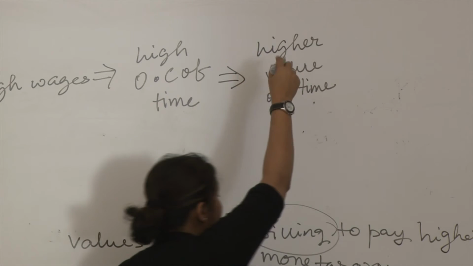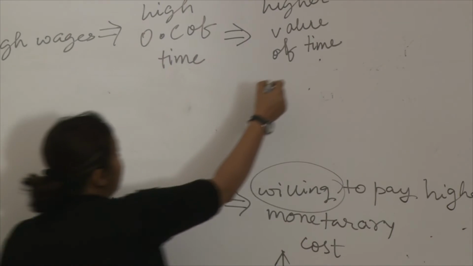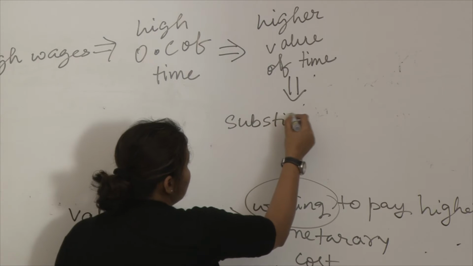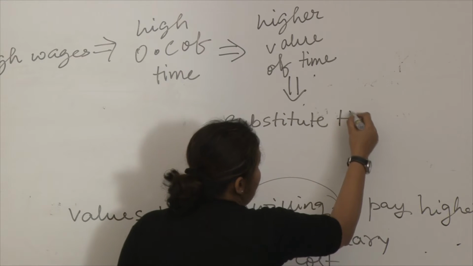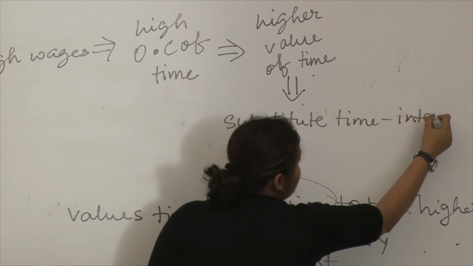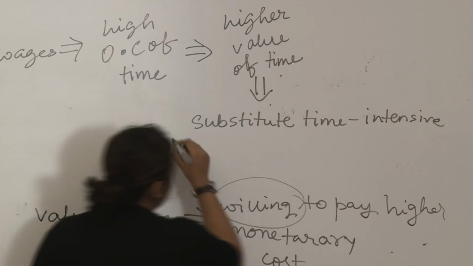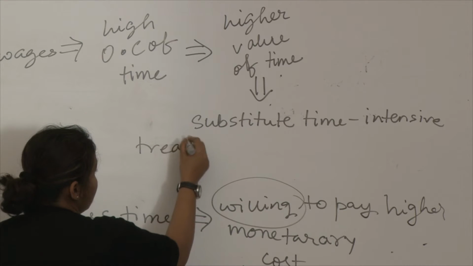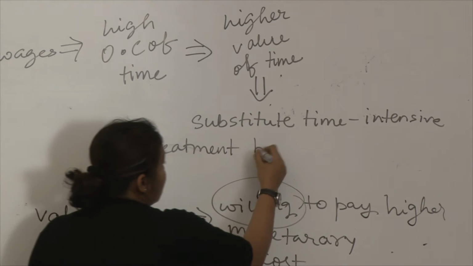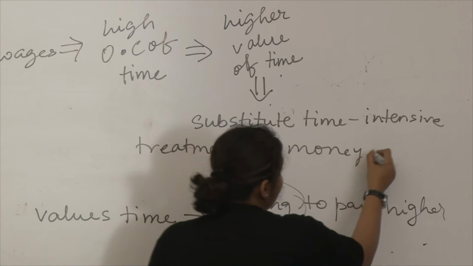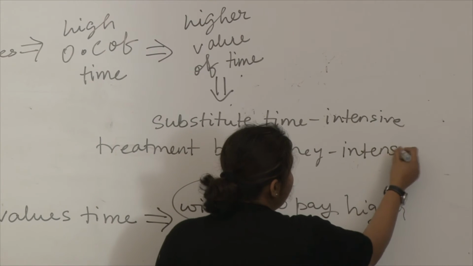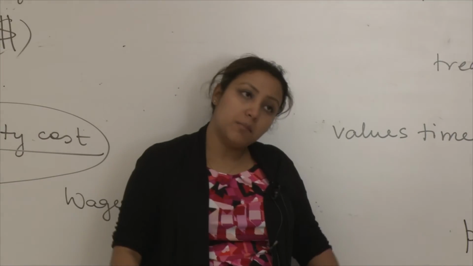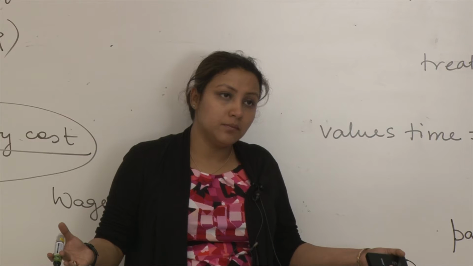And if someone values time more, then he will substitute time intensive treatment by money intensive treatment. So that means he will want some treatment that is less time intensive, that is less time cost based, but he can pay more monetary cost, isn't it?